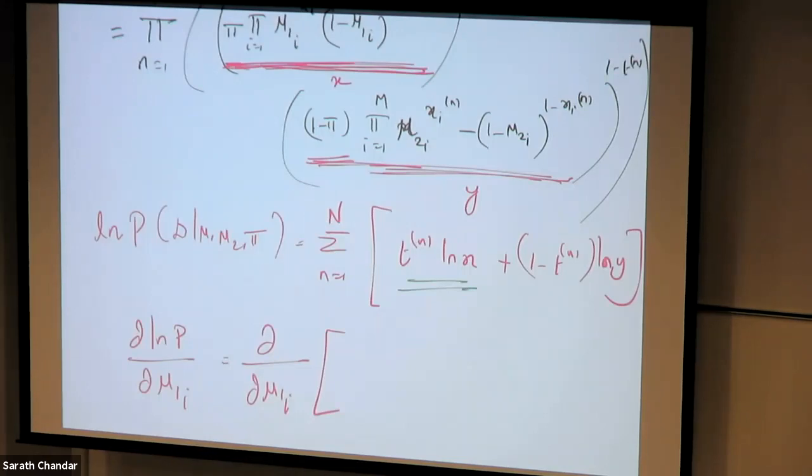So it becomes Tn times, but there is also the summation, so I should add it: summation over n equal to 1 to capital N of Tn ln of mu1i to the power xin multiplied by 1 minus mu1i to the power 1 minus xin.